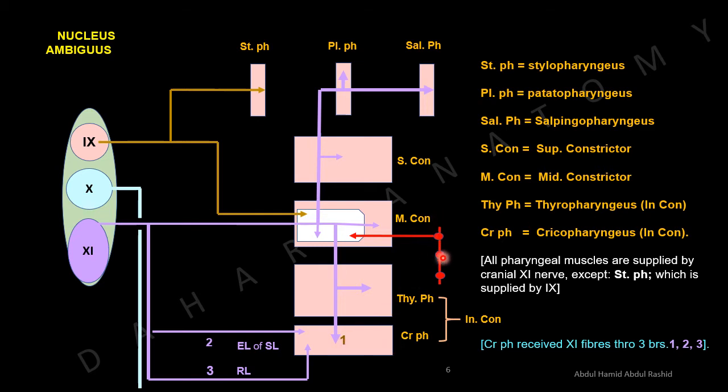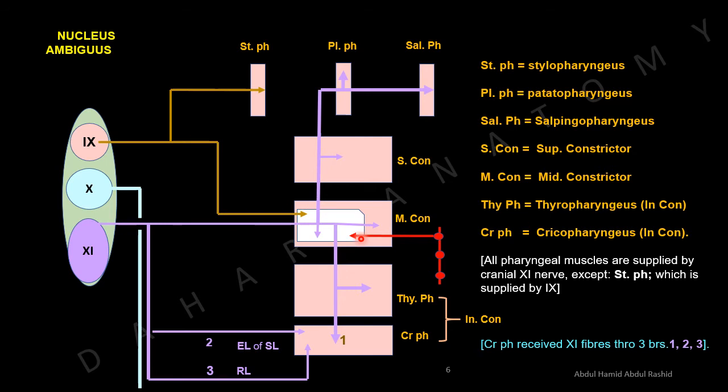This is the sympathetic chain. This is the middle constrictor. On the posterolateral surface of the middle constrictor, the pharyngeal nerve plexus is present.